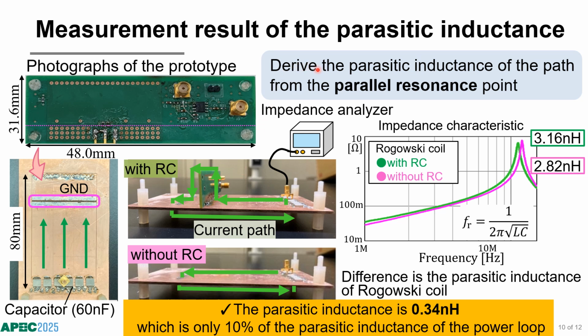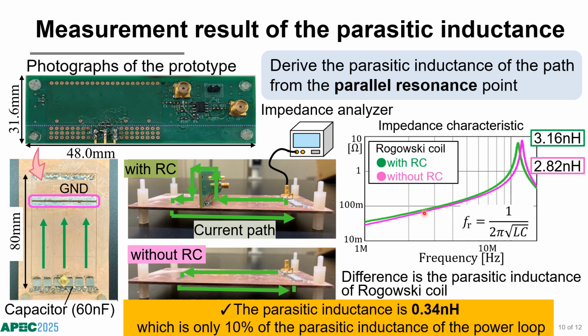And it is derived from the parallel resonance point using this formula. This graph shows the result of impedance characteristics measured by an impedance analyzer. The green shows the result with the Rogowski coil, and the parasitic inductance is 3.16 nanohenry using this formula.